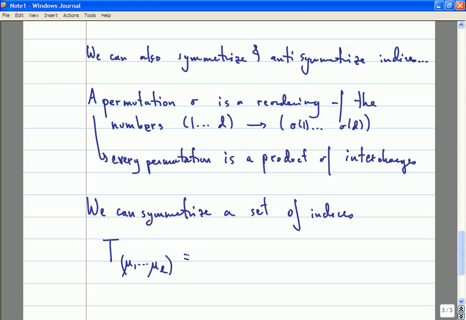And that is the sum over all permutations sigma of T sub sigma of mu1 up to sigma of mu L. Now, there are L factorial possible permutations of these L indices, so it's conventional to multiply by a factor of 1 over L factorial out front to account for that, just so that the operation of symmetrization remains linear.